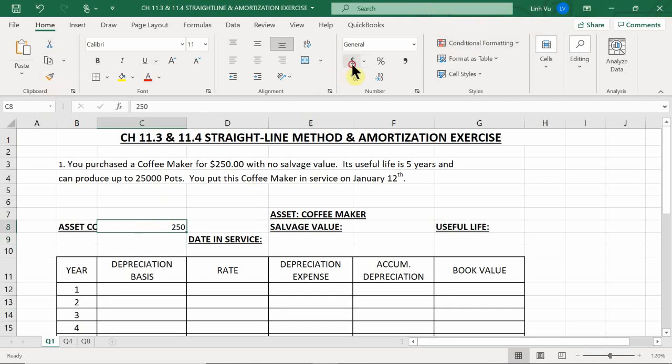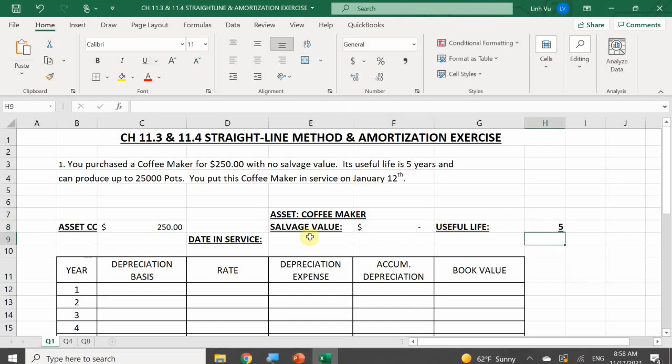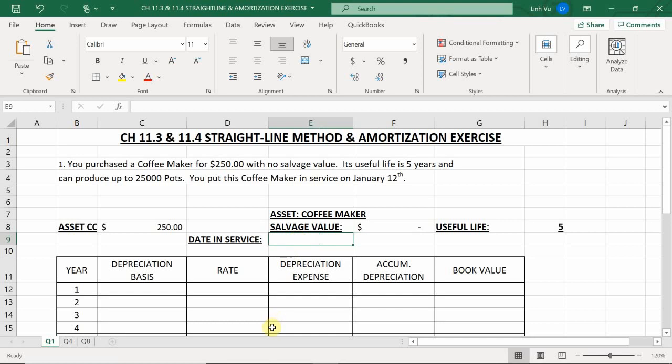There is none. What's the estimated useful life? 5 years. And what's the date that we placed into service? January 12th. So what does that tell me? Do I depreciate as of January, or do I depreciate it the next month?